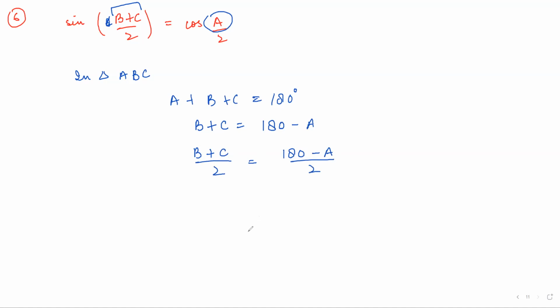Any problem here? Okay. Now this can be written like this: B plus C by 2. I can just separate it. So 180 degree divided by 2 becomes 90 and this becomes A by 2. No problem. This is simple like algebra. Okay, now I'm taking sine on both the sides.